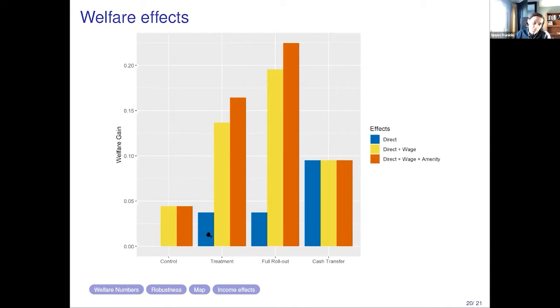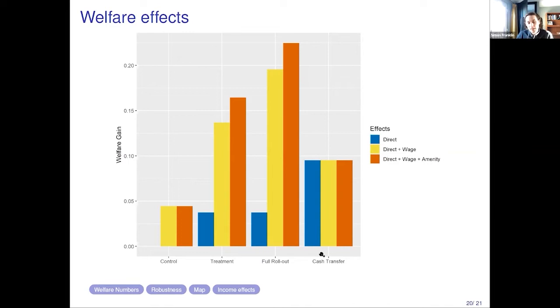And finally, when we get to the full rollout of the program, so when all the areas in the city get it, the direct effects stay the same, of course, because it's the same transfer to each household in the program. But the indirect effects get magnified because the saturation of the program across the whole labor market in the city increases so much.